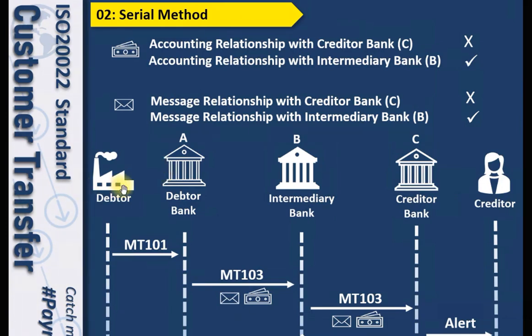Here, take the example where the debtor wants to send money to the creditor. He will send it to his bank, and its duty is to reach bank C, which is the final creditor bank.